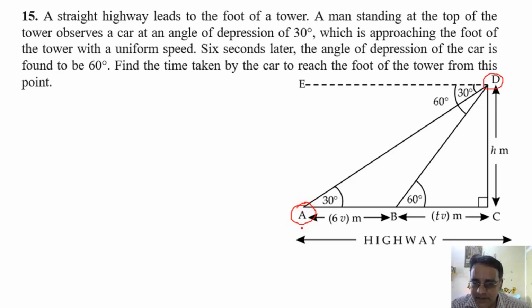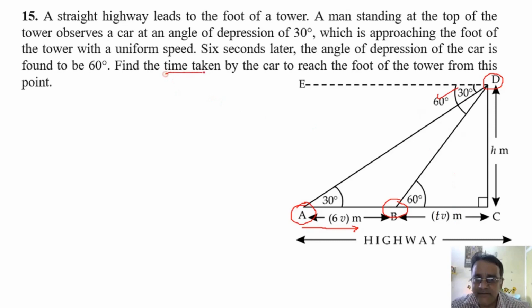Now it is moving towards the foot of the tower, and after 6 seconds the position of the car is at B. So the angle of depression will change to 60 degrees. 30 से 60 हो गया क्योंकि जितने पास में आएगा उसका angle of depression बढ़ता जाएगा.